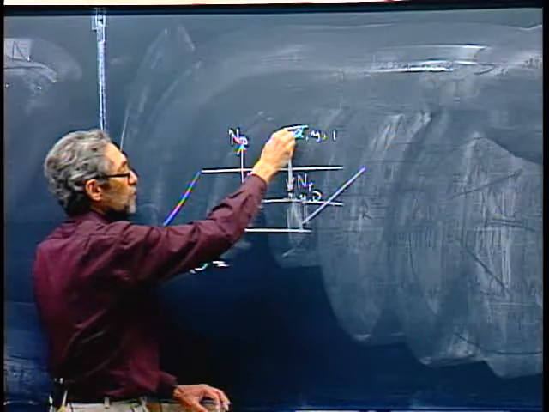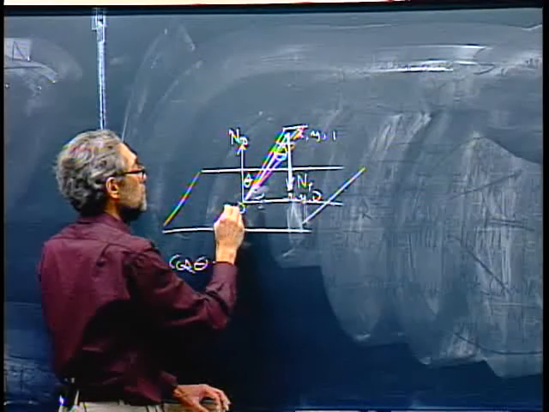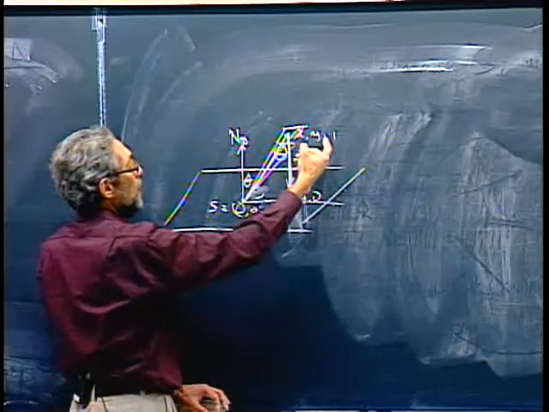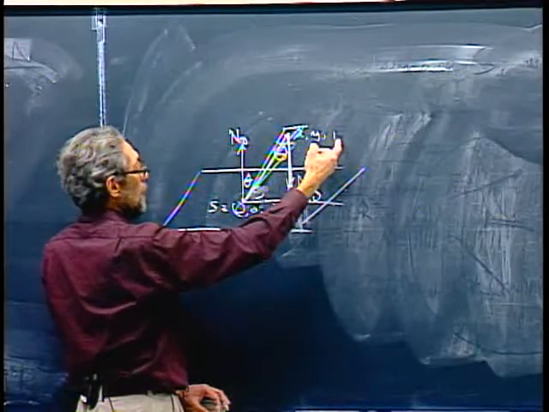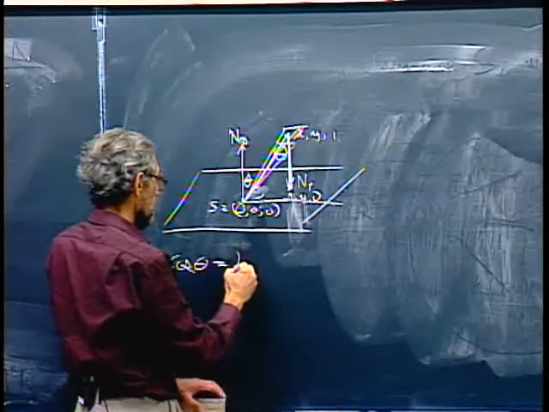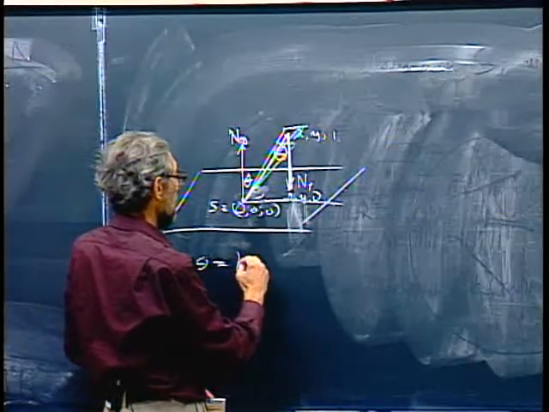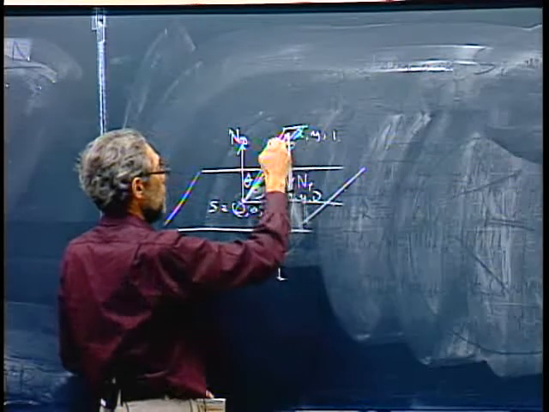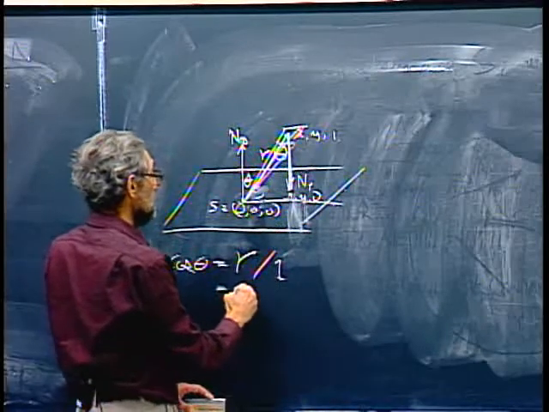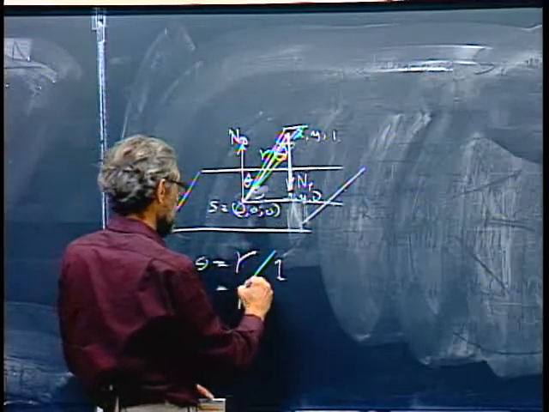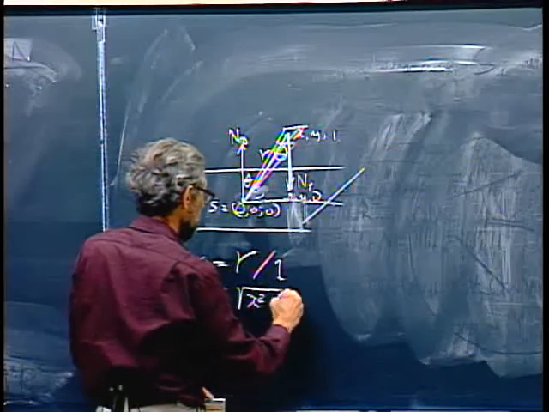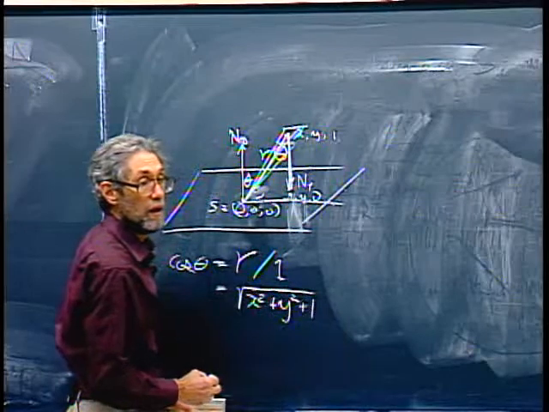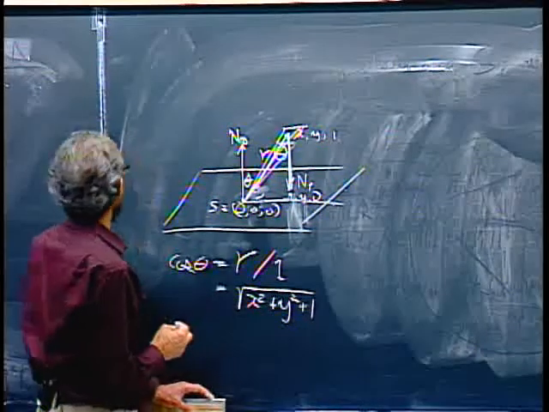If we go to the pixel from 0, 0, 0, which is where my center S was, up to x, y, 1, it's this. So basically I said it was r over 1, because this side was 1 and this side is r, and r is the square root of the difference in x's squared plus the difference in y's squared plus 1. So that's my cosine theta.